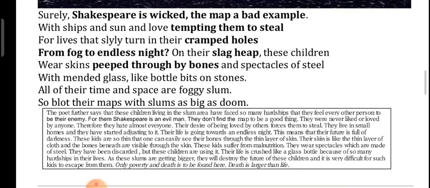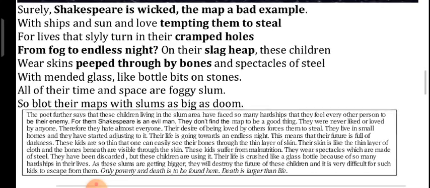From fog to endless night, on their slag heap, these children wear skins peeped through by bones and spectacles of steel, with mended glass like bottle bits on stones. All of their time and space are foggy slum, so blot their maps with slum as big as doom.